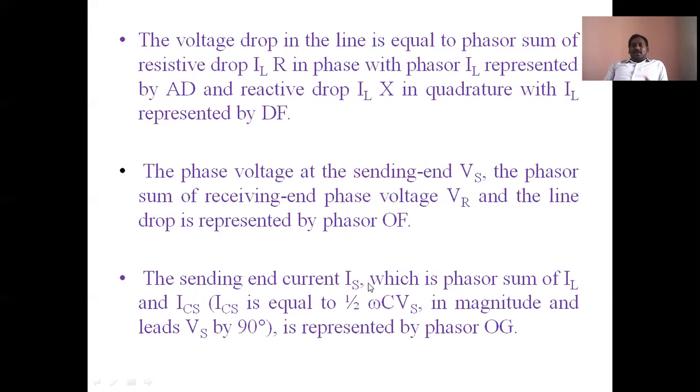And the sending end current IS, which is the phasor sum of IL and ICS, is equal to half omega C Vs in magnitude and leads by 90 degrees, represented by phasor OC in the phasor diagram. The voltage drop in the line is the phasor sum of the resistive drop IL into R, in phase with the phasor IL, represented by AD, and the reactive drop IL into X, in quadrature with IL, represented by DL. These things are already discussed in the phasor diagram analysis.